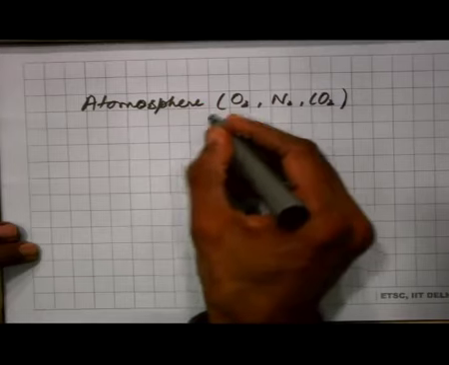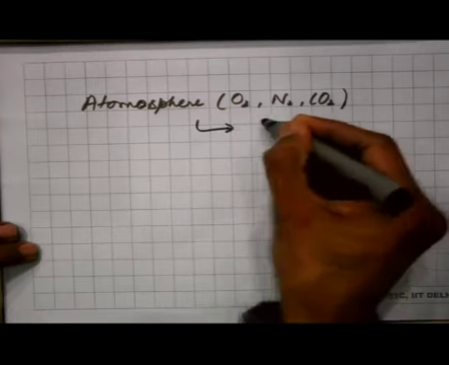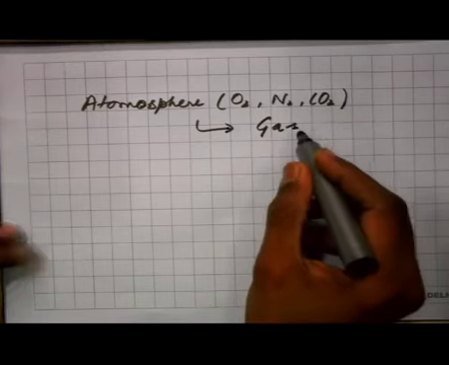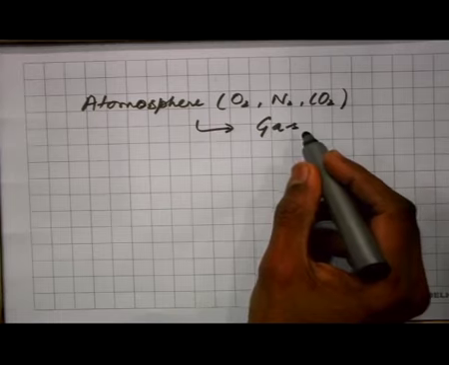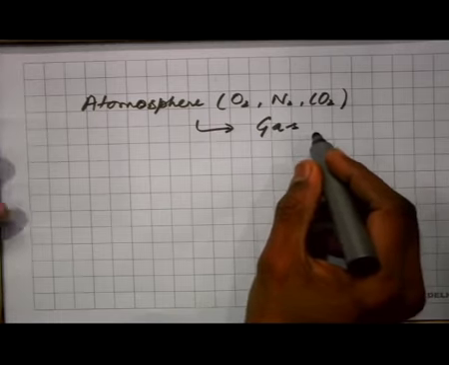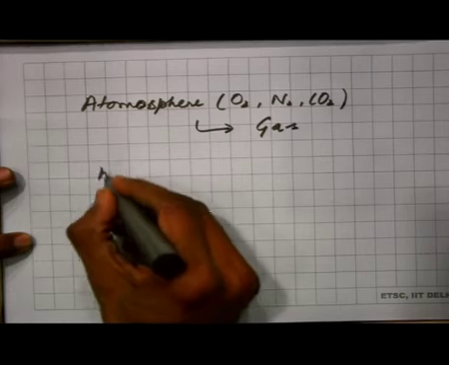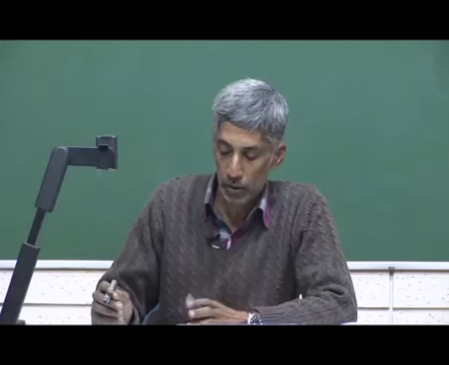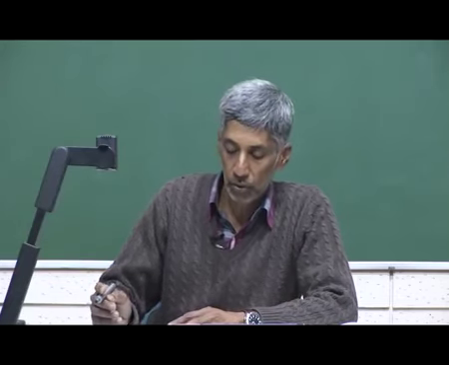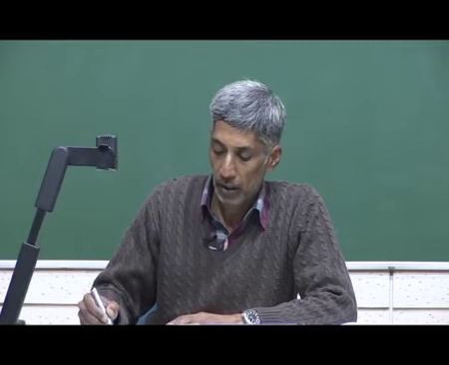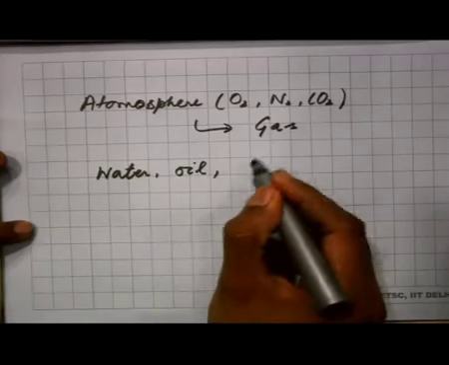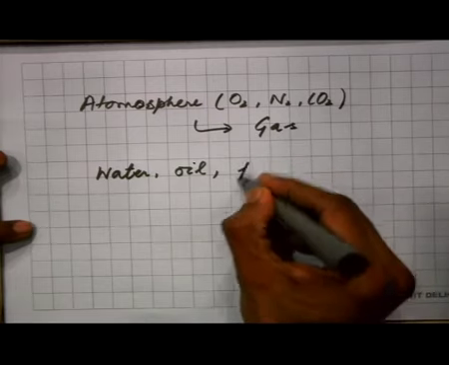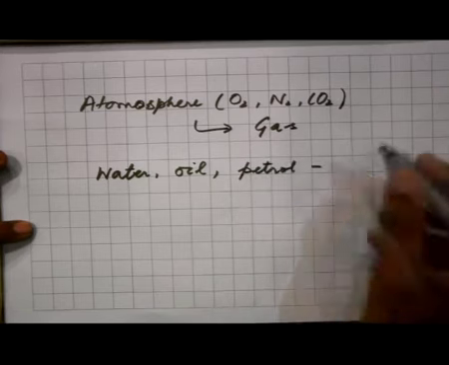So, the atmosphere is a gas. Oxygen obviously is of great importance to us and our lives. The next most important thing in our lives is water. If you walk into the kitchen, you find water there too. The other thing that you will find in the kitchen is oil, and if you happen to have an automobile, then you will probably be interested in gasoline. These are all states of matter.